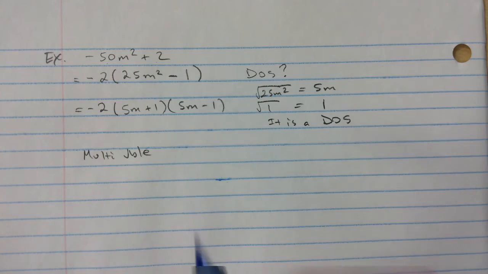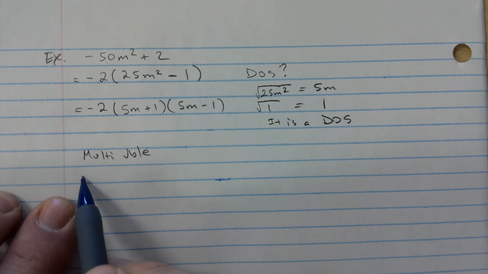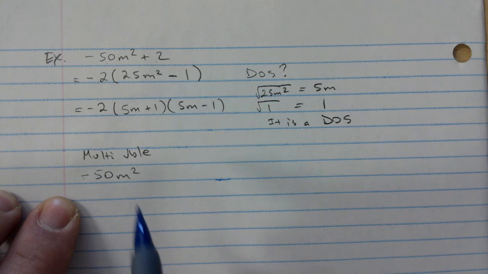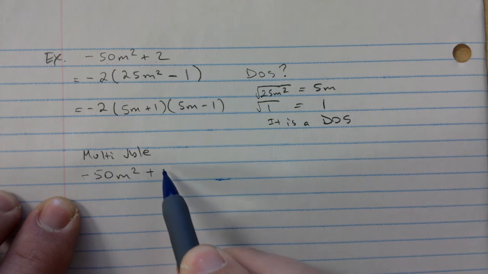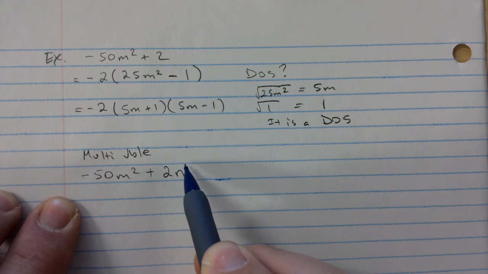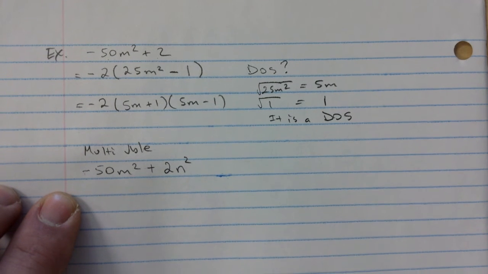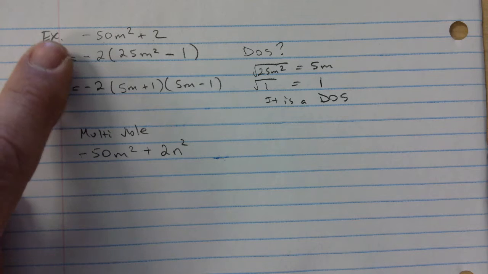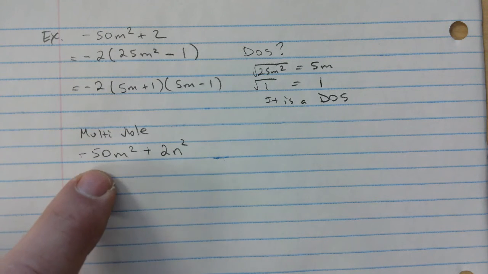Let's make this a multivariable question, right? So we're going to go negative 50 m squared plus 2n squared, like that. Same question, same coefficients, it's just like I made it a multivariable, okay?